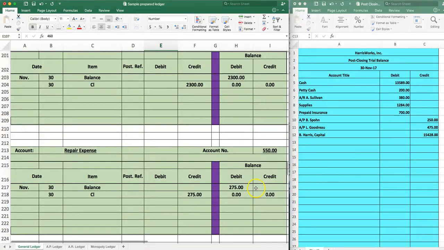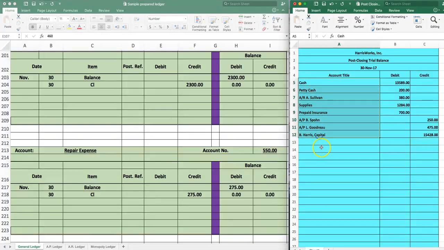So we're just going to leave them out. You'll notice that all of our temporary accounts have 0 balances, so they're not here. These are our permanent accounts. They're the ones that go from fiscal period number 1, whether it's a month, a year, a quarter, whatever. Fiscal period number 1, and we're going to take these totals into fiscal period number 2.